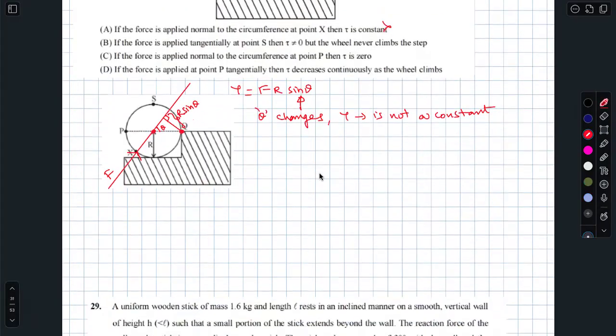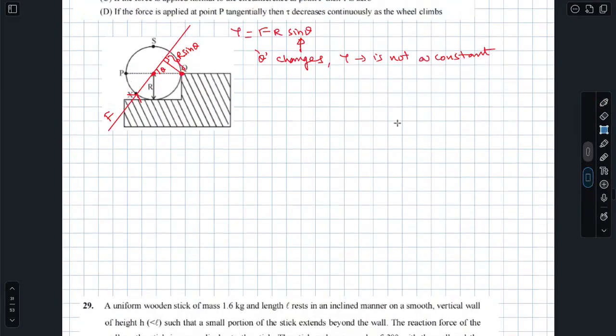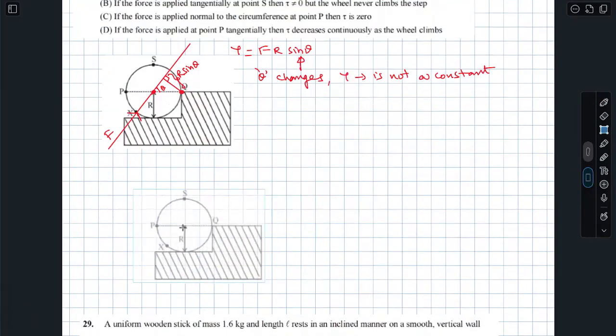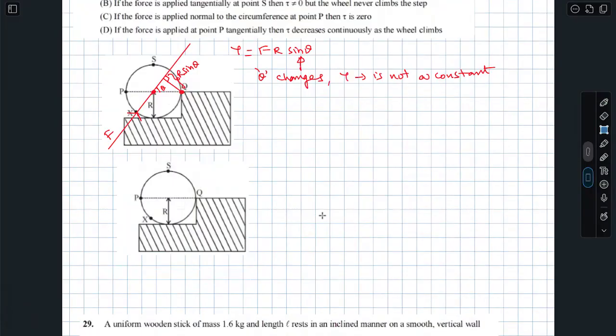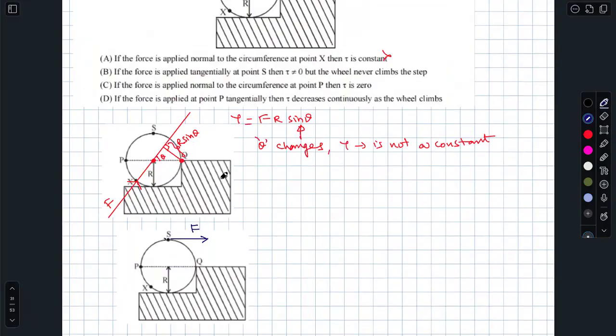Next case. If the force is applied tangential to S, tangential at point S, then torque is not equal to 0, but the wheel never climbs up the step.